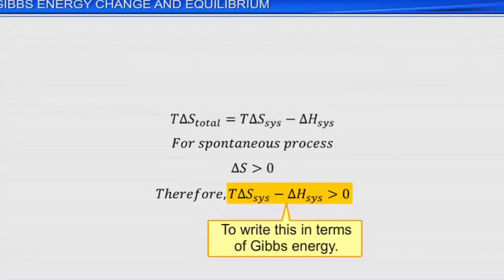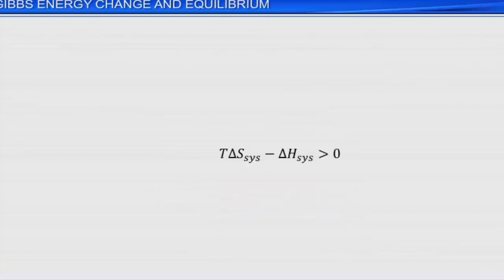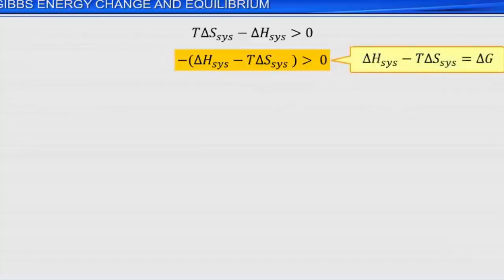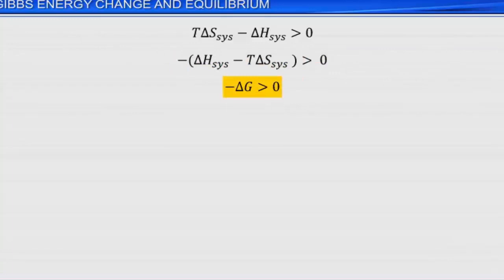But delta H system minus T delta S system is equal to change in Gibbs energy, delta G. Thus, we can say that minus delta G is greater than 0. This means that delta G will be less than 0. Therefore, delta H system minus T delta S system is less than 0.